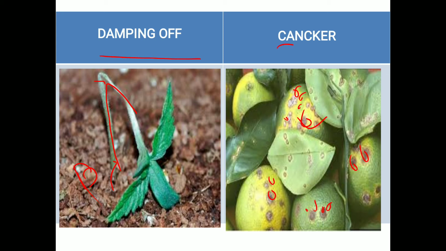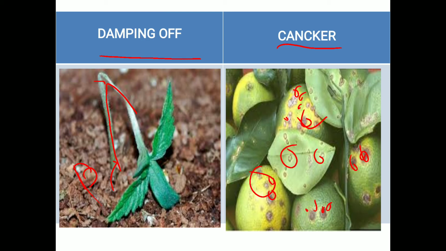Next one, canker. As we know, canker is nothing but rough brown to black spots observed on the leaves or on the fruits. These raised spots can be felt when we run the hand over them. So raised or rough spots are observed on the fruits or on the leaves.